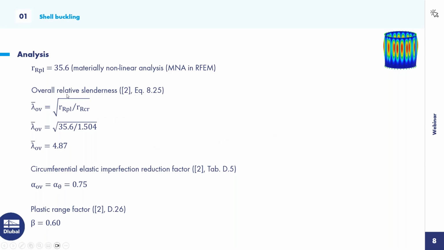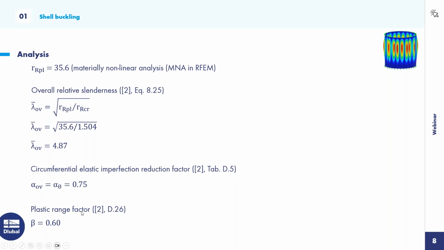So we calculate the overall relative slenderness. That's the value lambda of V, 4.87. Those are the circumferential elastic imperfection reduction factor according to table D5.